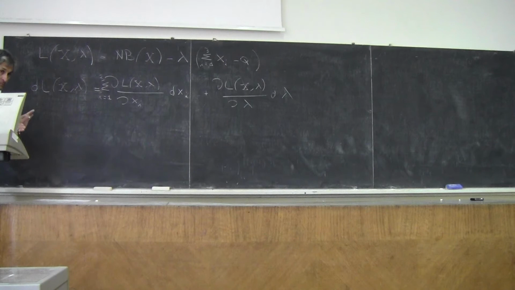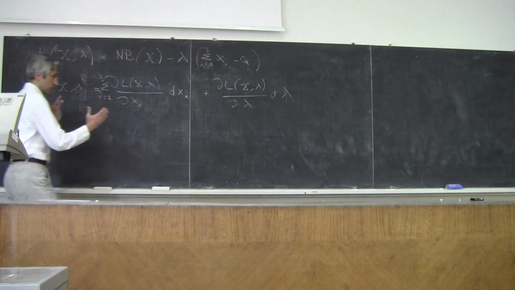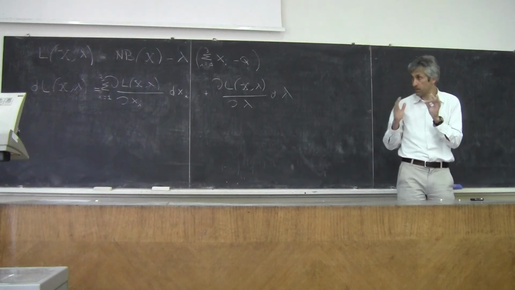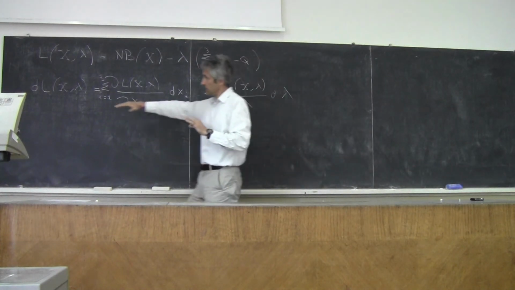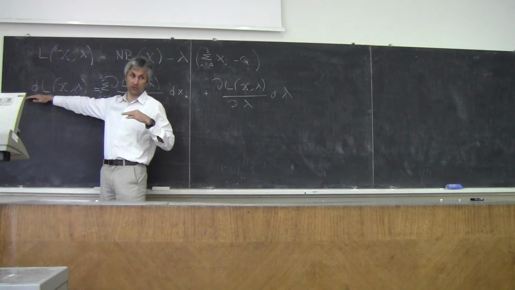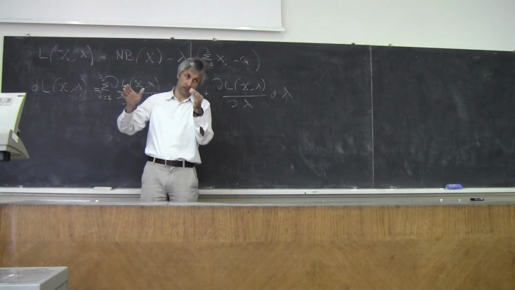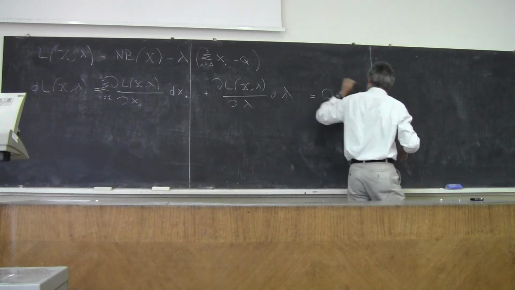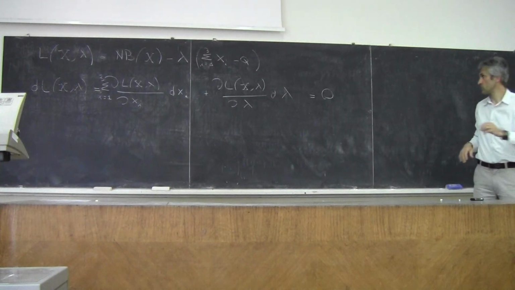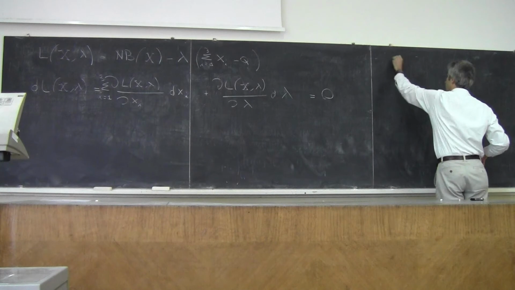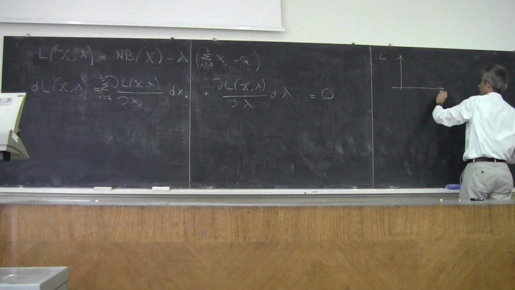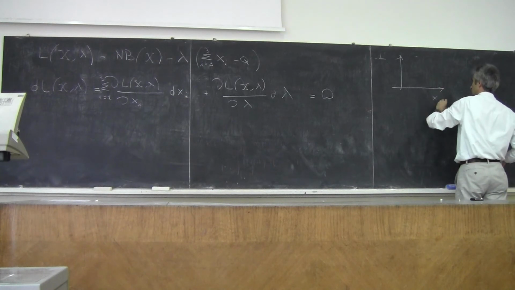And now, let's assume that we are on the optimum here. So I want to compute this total differential of the Lagrangian on the optimum, and therefore this total differential is 0.